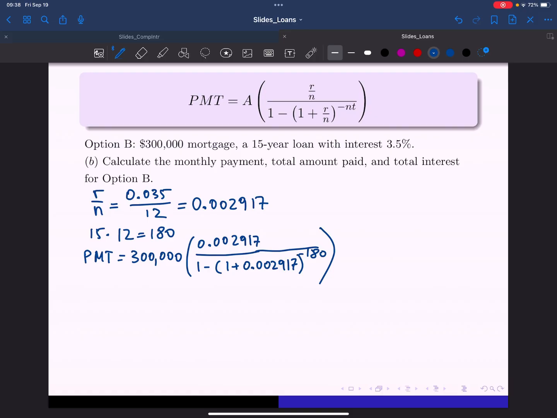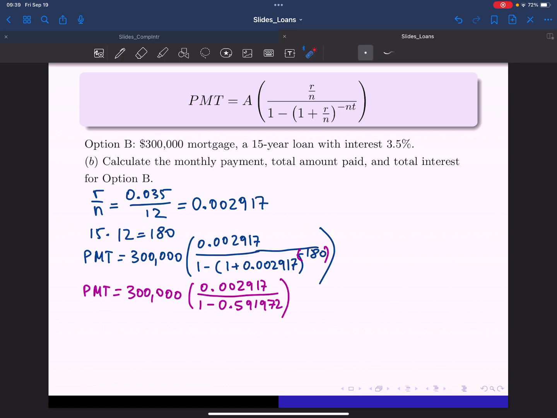So performing this, add them first together, 1 plus this one, it's 1.002917, and raise it to the power minus 180. Use parentheses for that one too. So we have it, monthly payment is 300,000 times 0.002917 divided by 1 minus 0.591972. Then we would subtract those two.